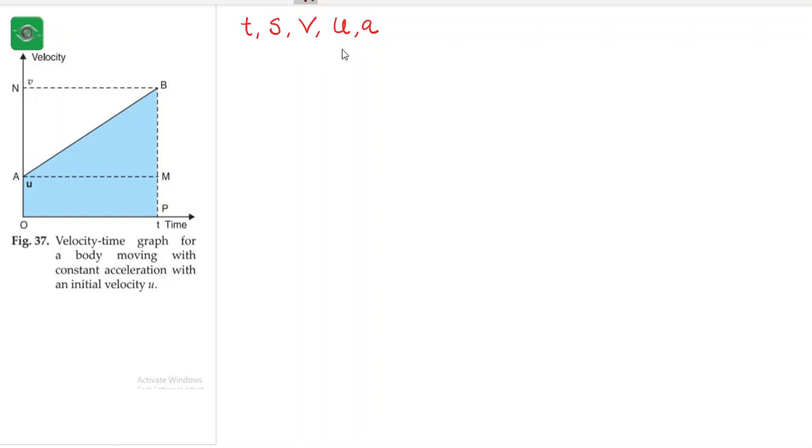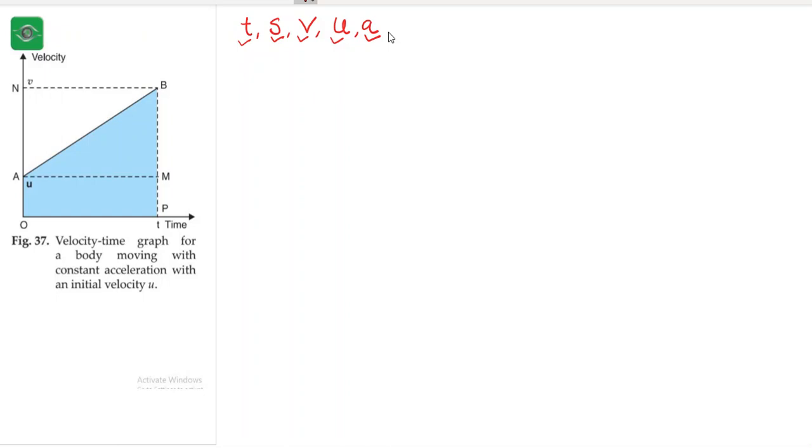How many quantities we have studied till now? 1, 2, 3, 4, 5. So when we are doing some real life examples based on motion of a body in one dimension, we have to use one or more of these quantities in one problem, and find the missing quantity. That is how you solve a real life problem based on motion.